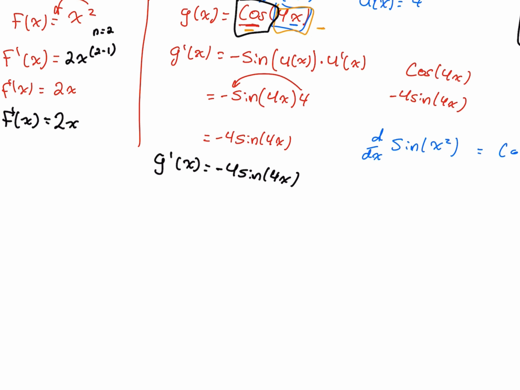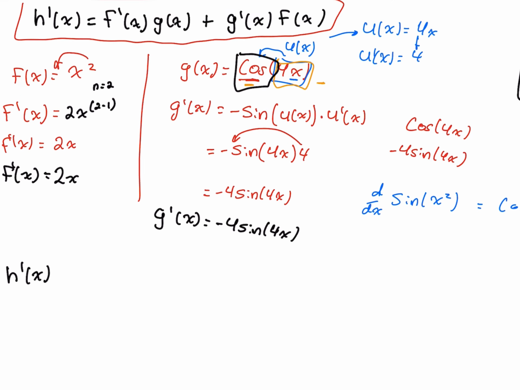All right, so let's rewrite this down here. h prime of x, and now we can start substituting in our functions. So let me just highlight everything. We have f prime of x, g prime of x, g of x, and f of x here. These are the 4 most important terms, and you're always going to want to separate it like this, especially when starting out this rule. So now let's substitute everything in.